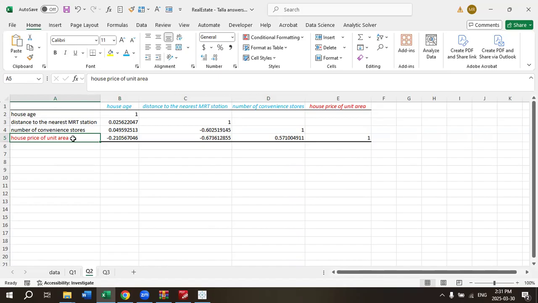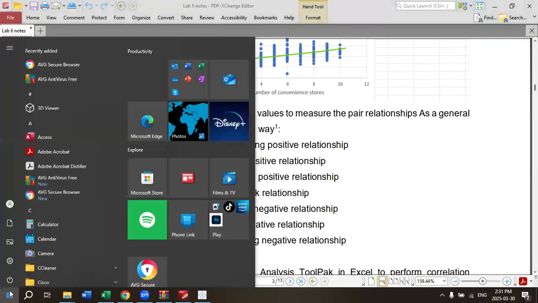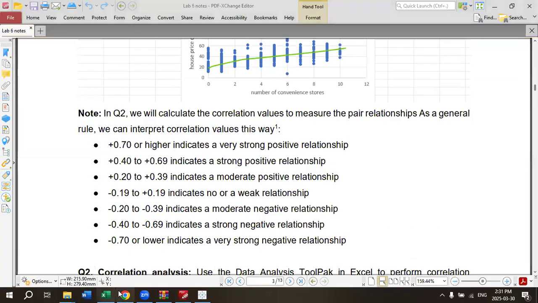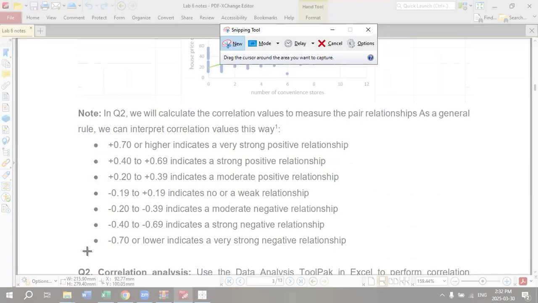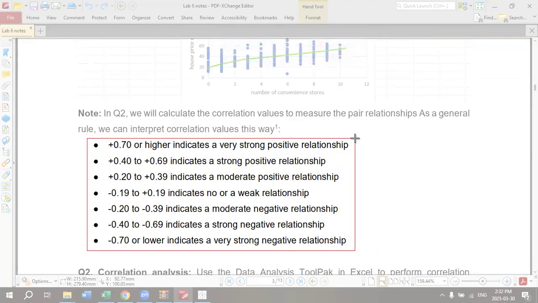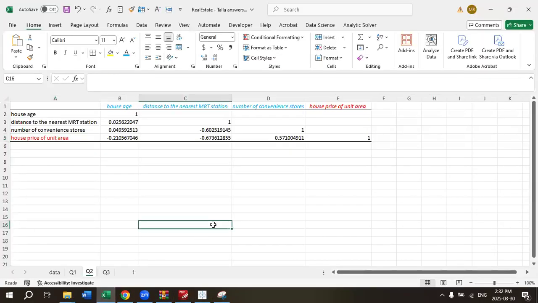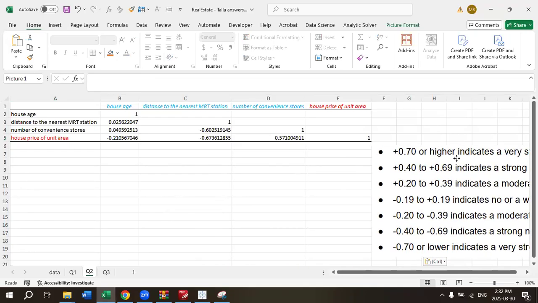So age versus the house price is a negative relationship. If you take the definition here from the snipping tool, that's the definition given to us. You can create your own definition if you like. Control V. Now I can say the age versus price, minus 0.21, falls in here.